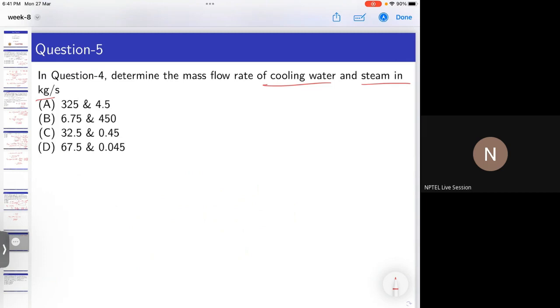So how to find that? Then how will we find the cooling water mass flow rate? Sir, that can be m c delta T. Q dot is equal to m c delta T. Yeah, okay, that's right.